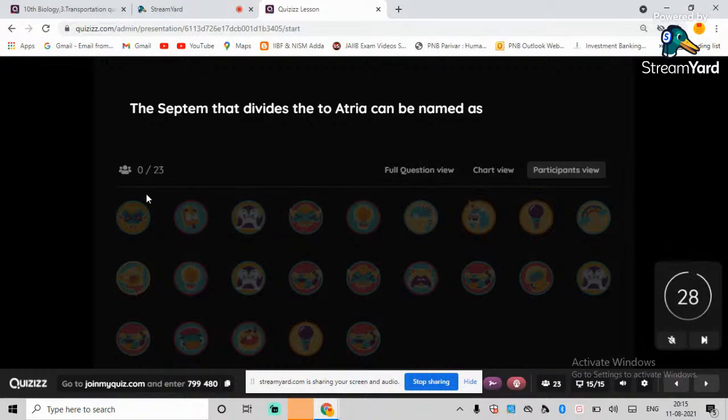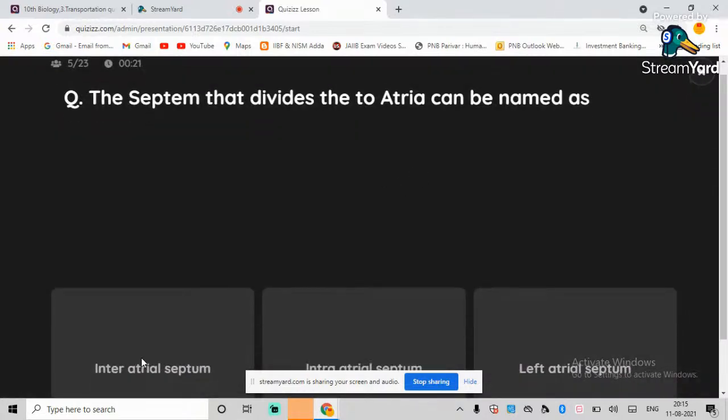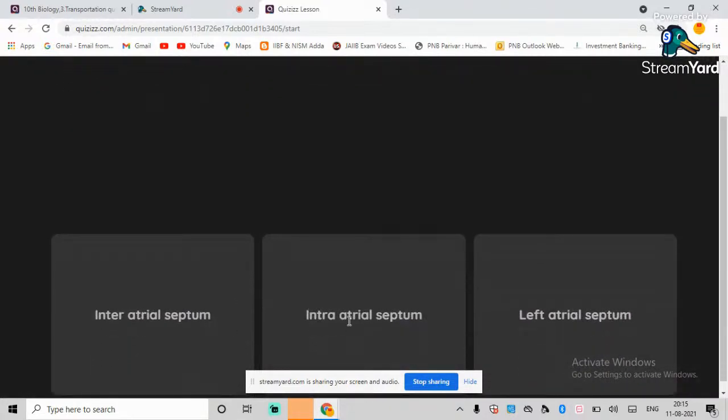The septum that divides the two atria can be named as interatrial septum, second option intraatrial septum, and the last left atrial septum.